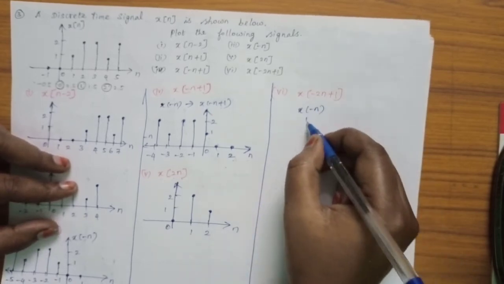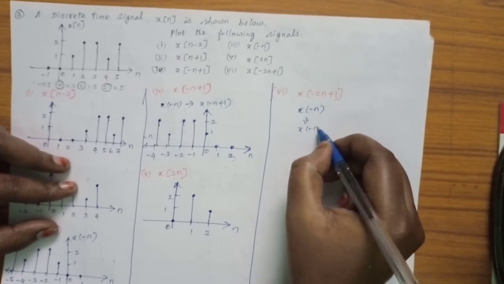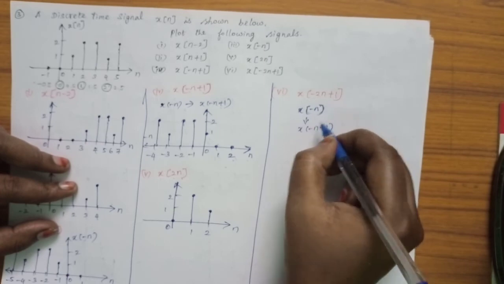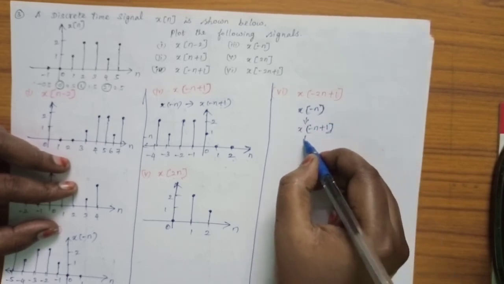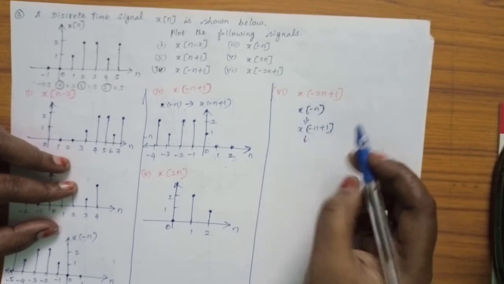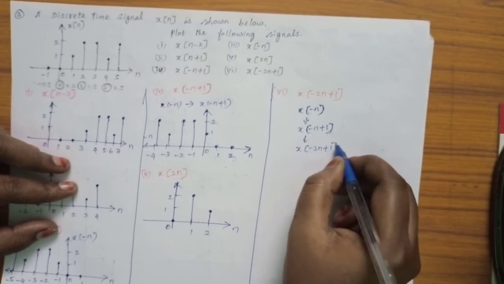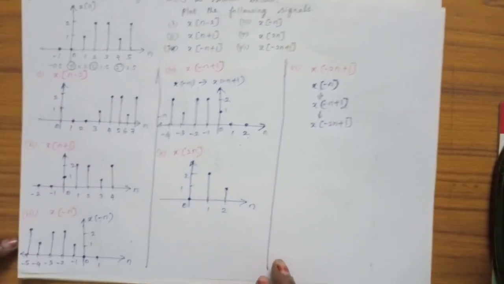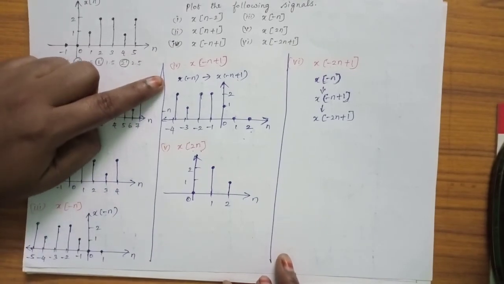After that we need to do the time shifting operation, so x of minus n plus 1. And after that we need to do the time scaling operation, that is x of minus 2n plus 1. Already we have x of minus n here and x of minus n plus 1 here.